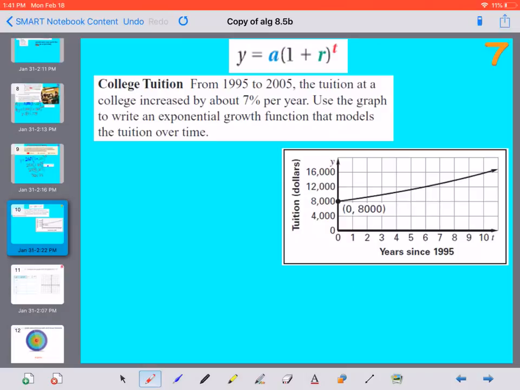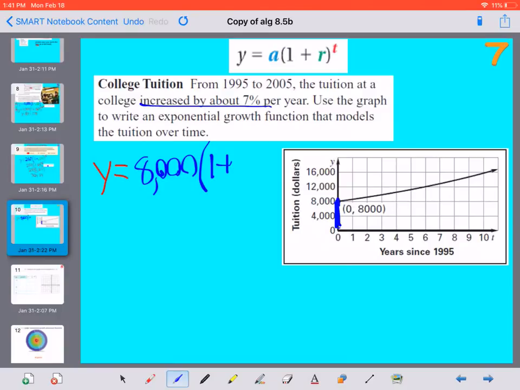So it looks like we have y equals, now A is where we start, looks like we started at 8,000 because we have 0 to 8,000, that's where we start. We are multiplying by 1 plus, now we know our rate is increasing by about 7%, so 0.07.